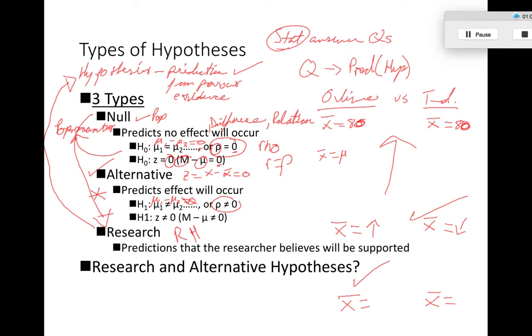So in other words, many research and statistics textbooks tell you that if you're a researcher, you should automatically always be predicting the alternative result. So in other words, no matter what you do in your research study, you should always be predicting that the groups are going to differ, or that there is going to be a relationship, or that the mean mu will not be equal to 0.